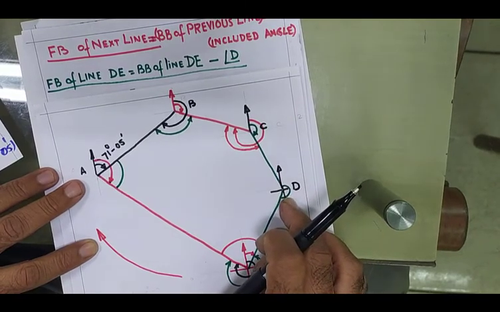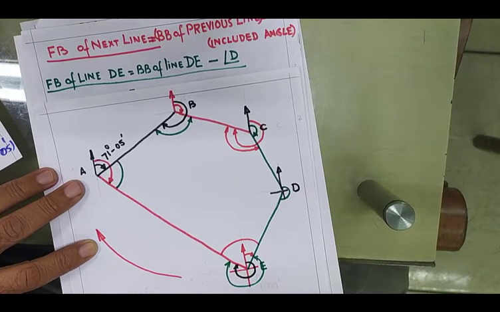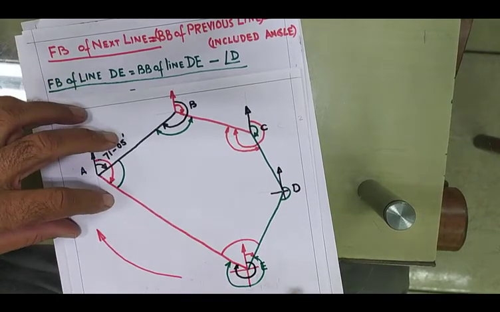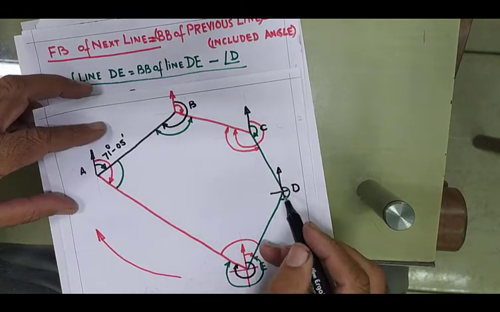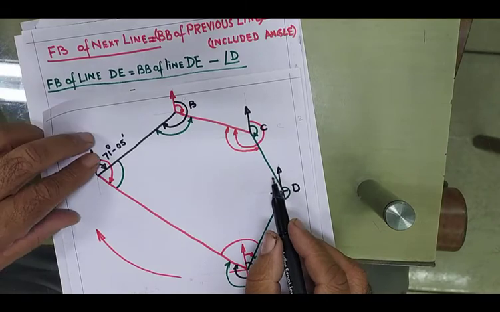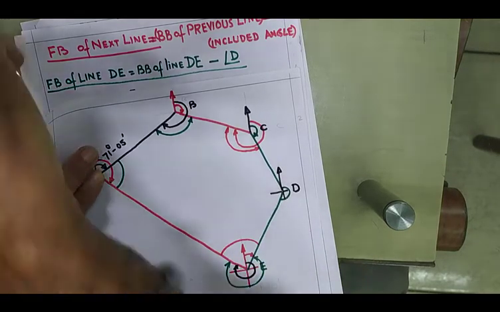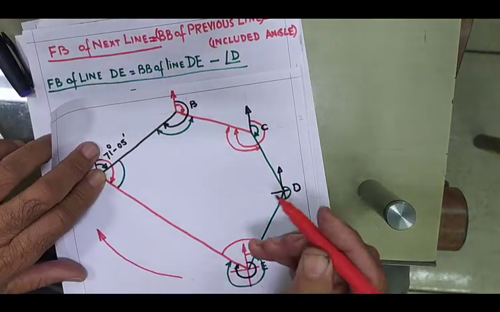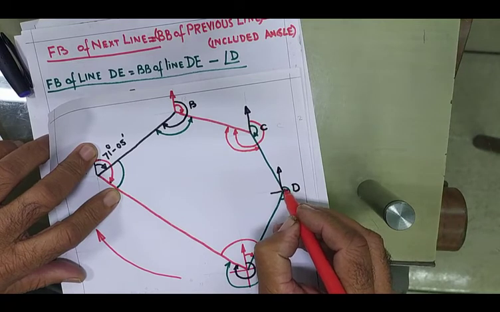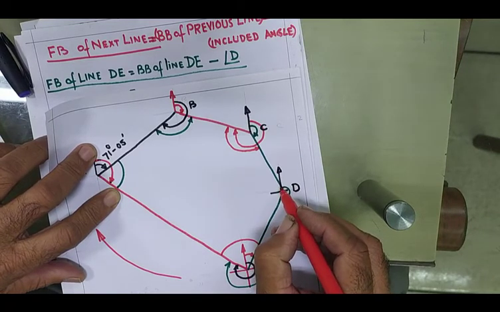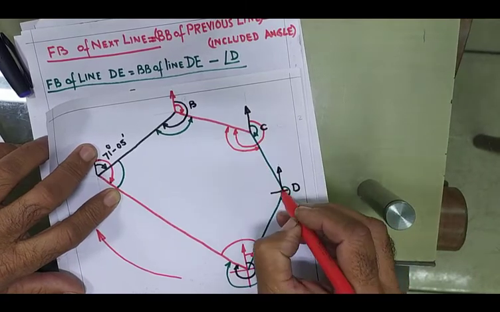For this I need the back bearing of the previous line minus the angle D. I will show it on the sketch here. I want to calculate the correct bearing of this line, so I need the back bearing of the previous line. Here the previous line is CD.